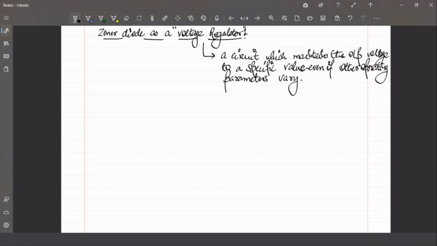So Zener diode as a voltage regulator means that the Zener diode, if it is connected to a circuit, is working in such a way that it is maintaining the voltage across the element where it is connected to a specific voltage value, even if there are some changes in the operating parameters. Now, what are the operating parameters which can change here? The possibilities are either the input itself changes or the load is actually changing.